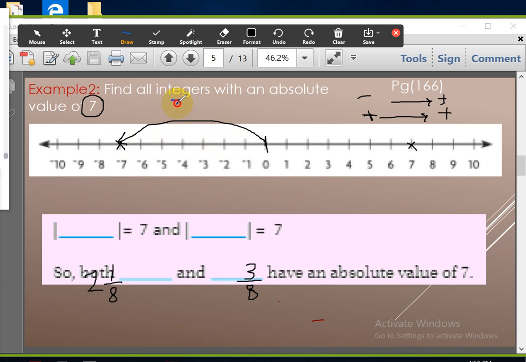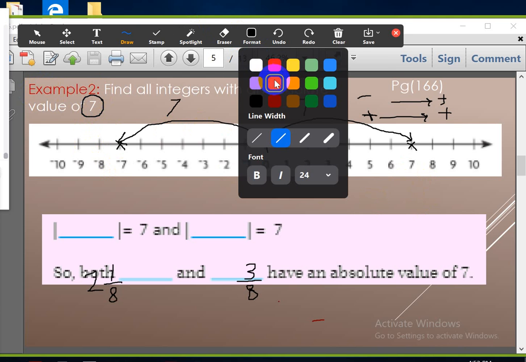So the distance is 7 units. Again, the distance between 0 and 7 on the number line: 1, 2, 3, 4, 5, 6, 7. Again, 7 units. So for both numbers, -7 and 7, the absolute value is 7.